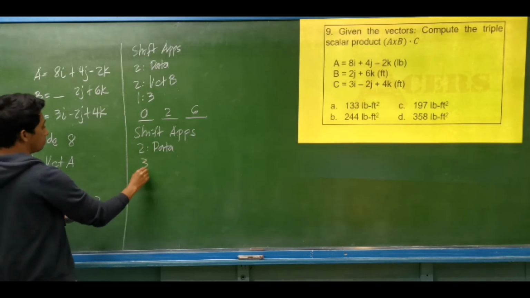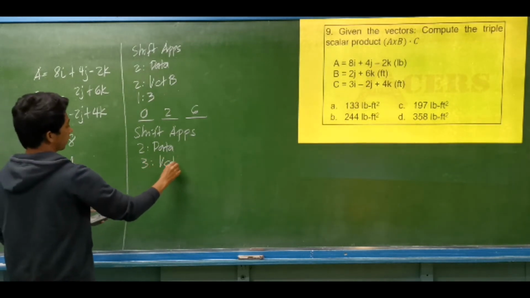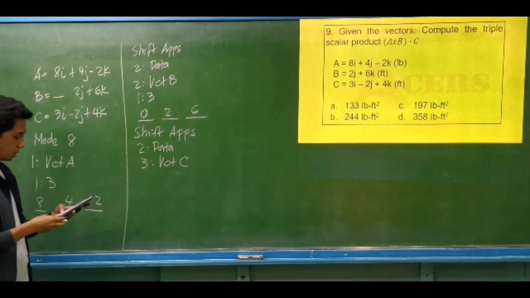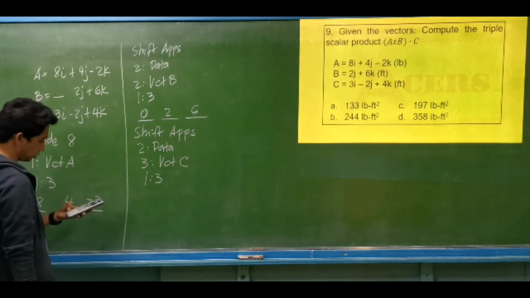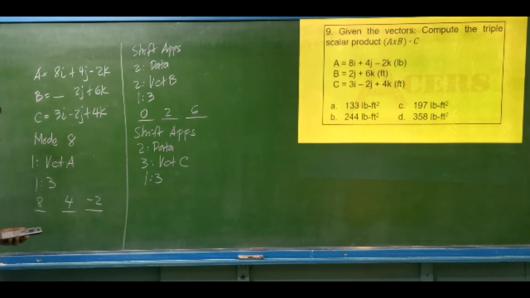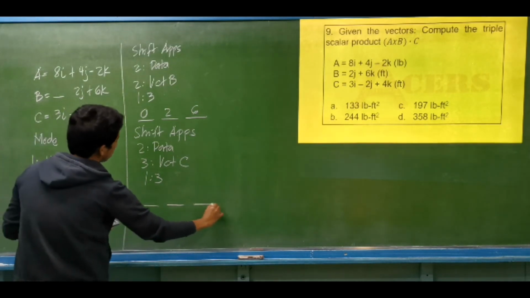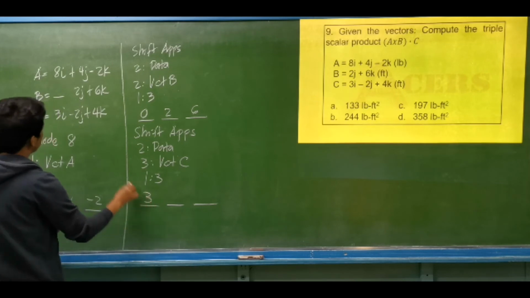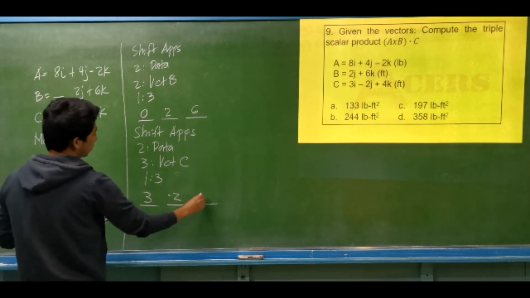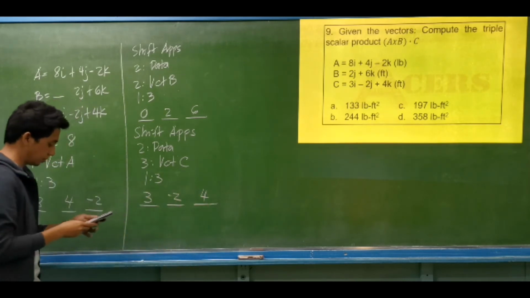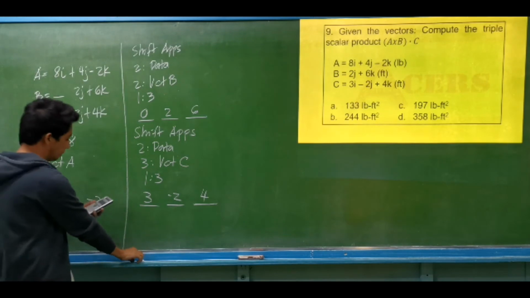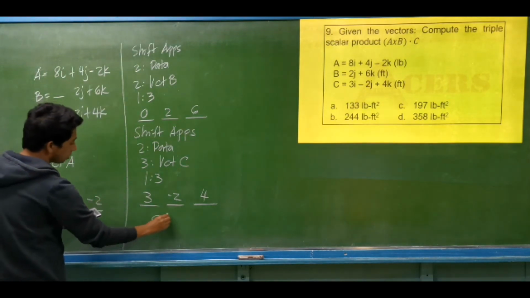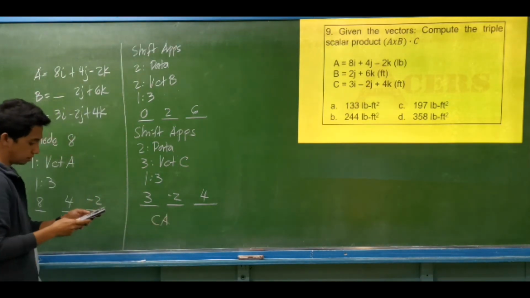This time, number 3 corresponds to vector C. Again 1 to 3 to input the elements of vector C. The elements are positive 3, negative 2, and positive 4. After that, you may press CA or clear all.